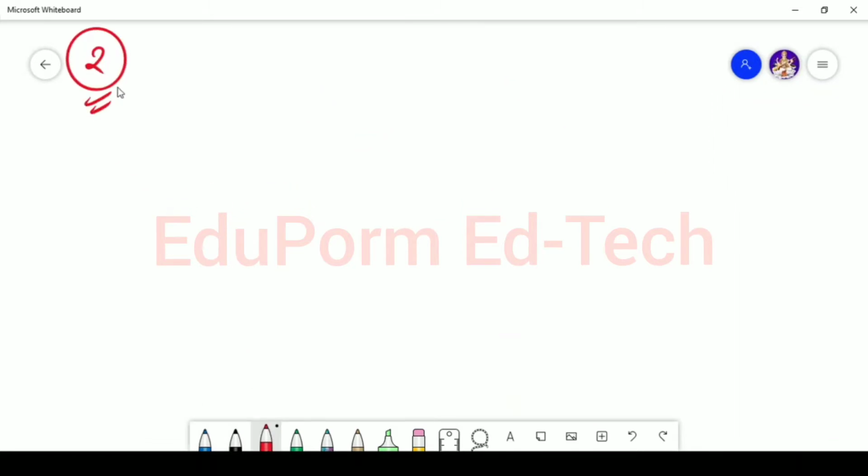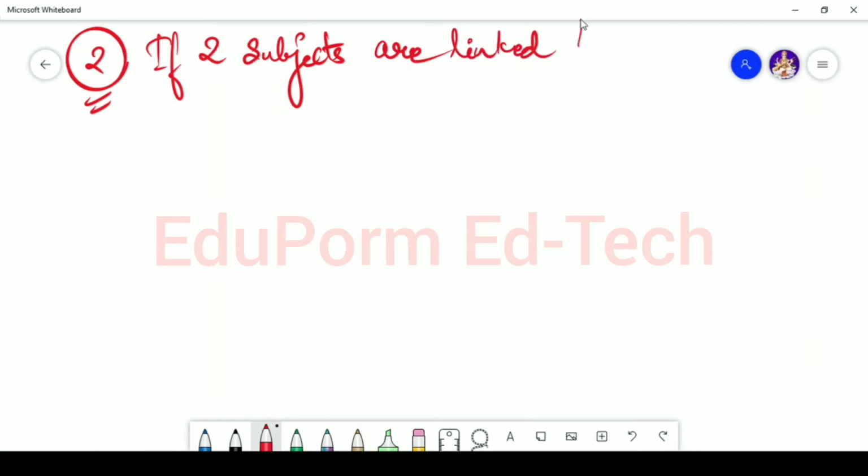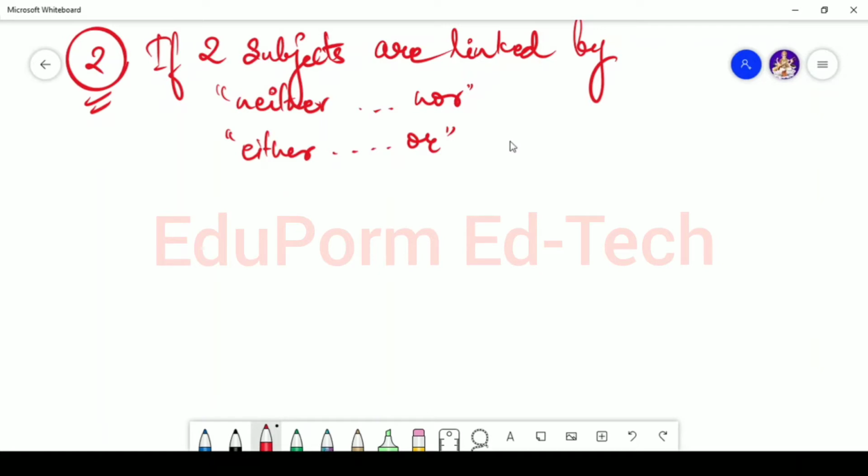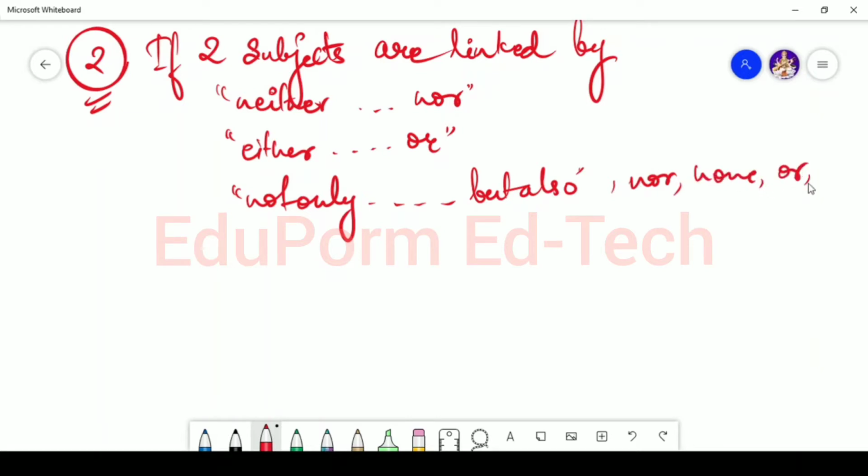the second use. If two subjects are linked by neither or nor, either or, not only but also, or cases like nor, none, or but.